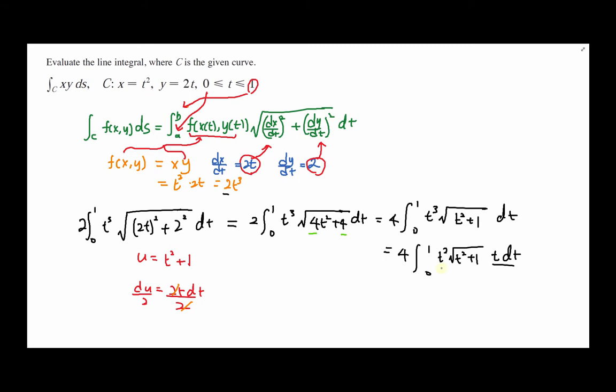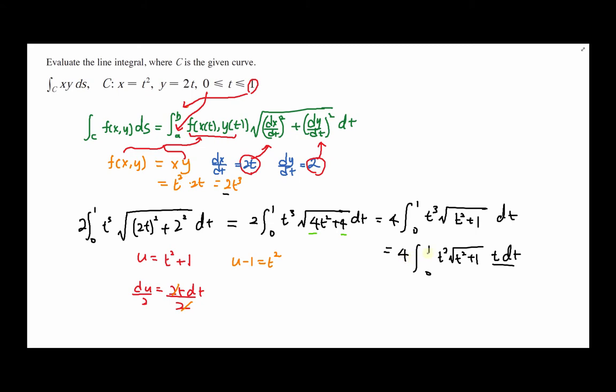And you might say, what about t squared? You have u equals t squared plus 1. We can just simply subtract 1, then you get u minus 1 equals t squared. Then we can substitute everything in terms of u.